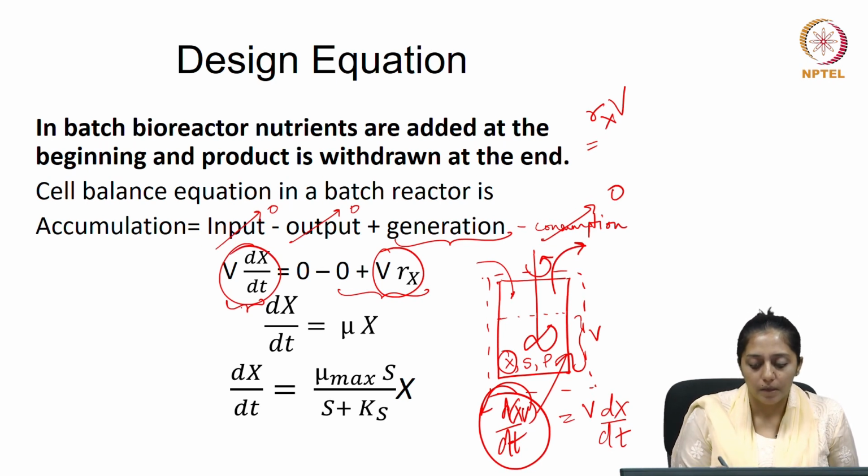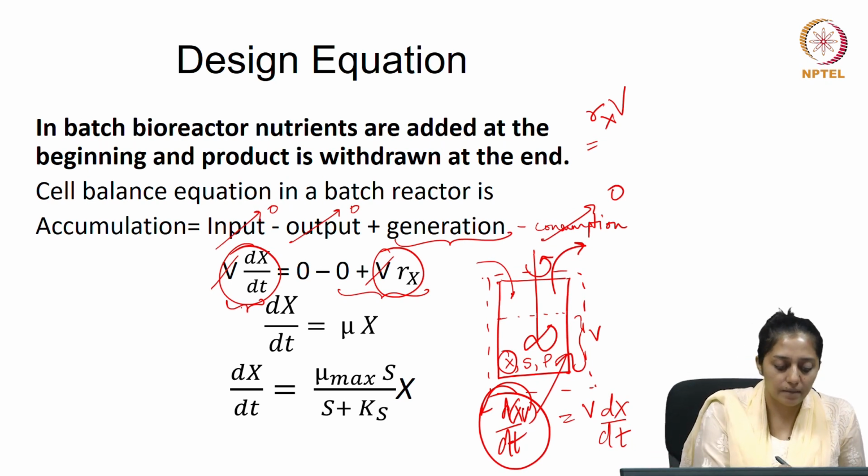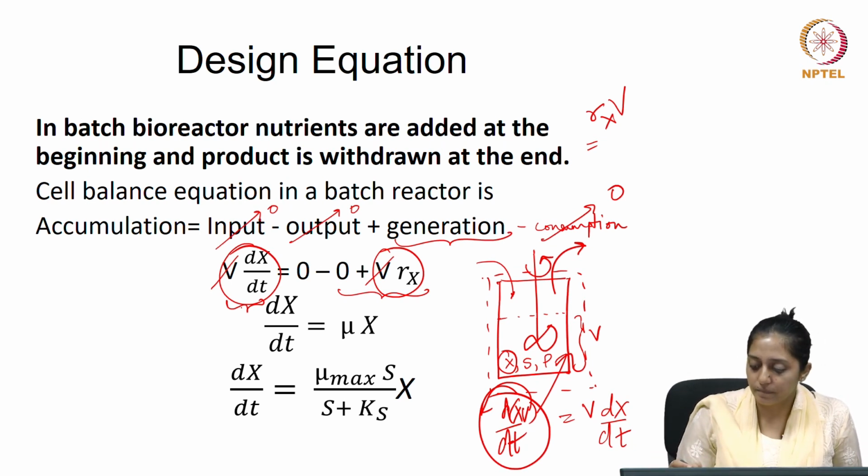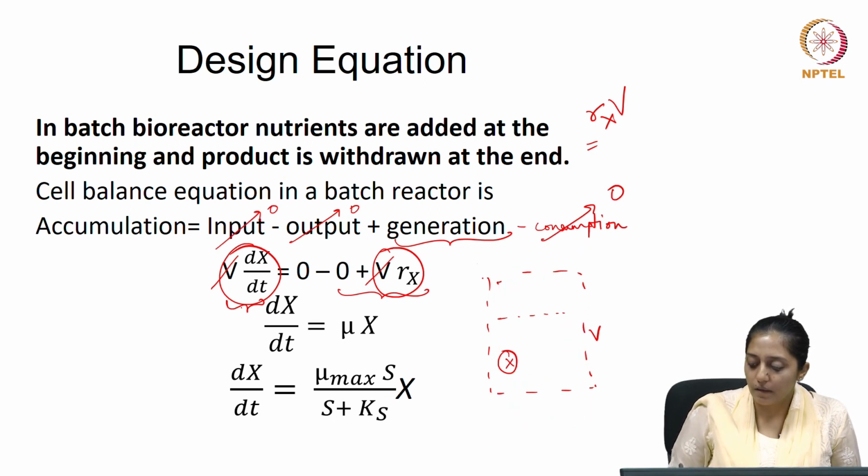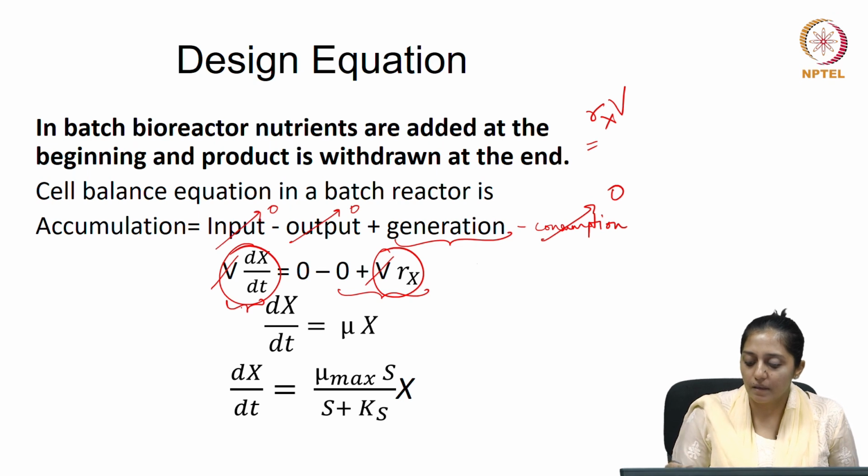So, now if we try to correlate, your V and V will get cancelled. Now, this Rx is the growth rate of the culture. So, it can be written in terms of specific growth rate, if you remember, it can be written as mu times x. What was mu?